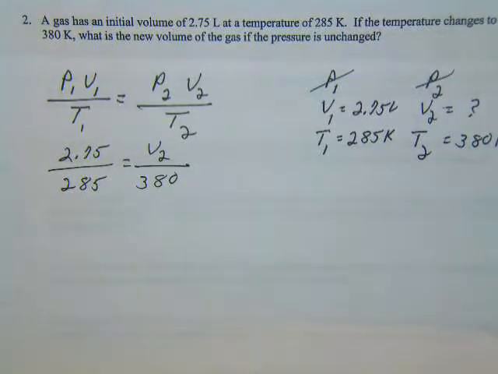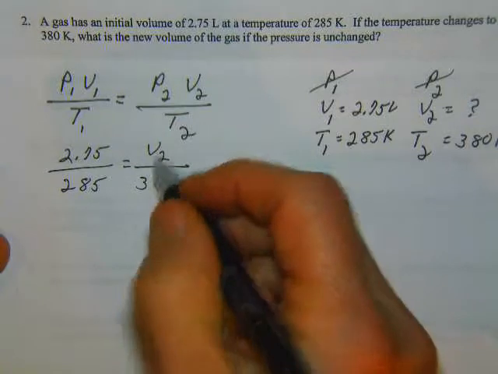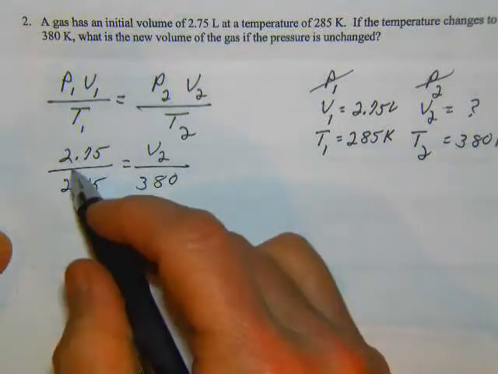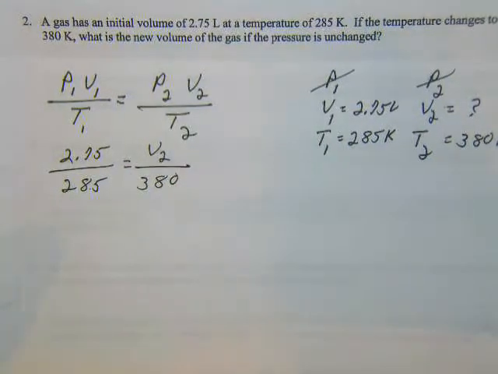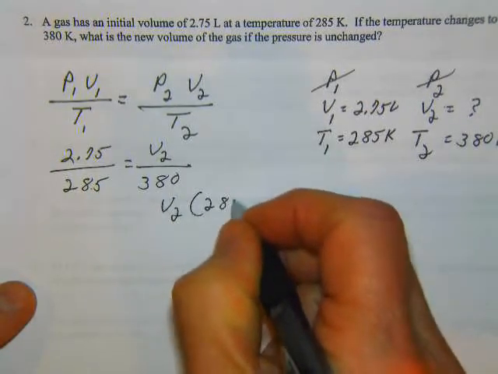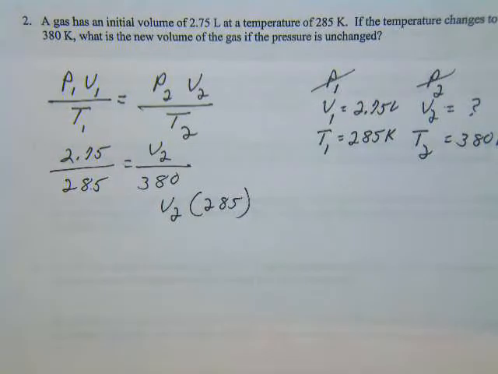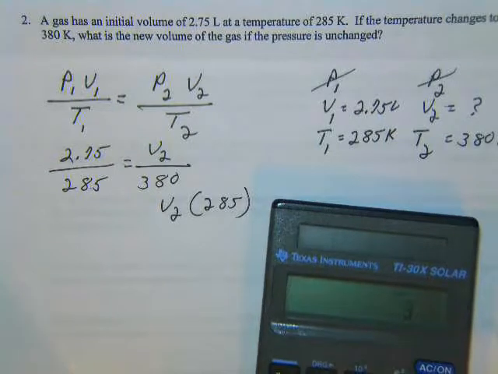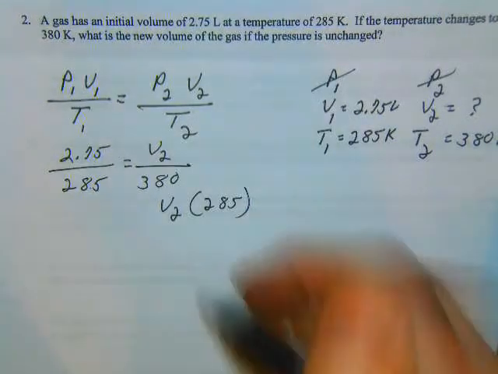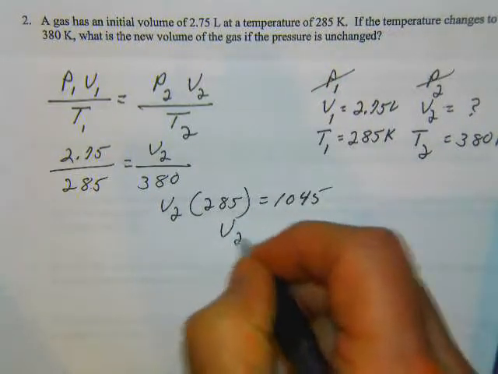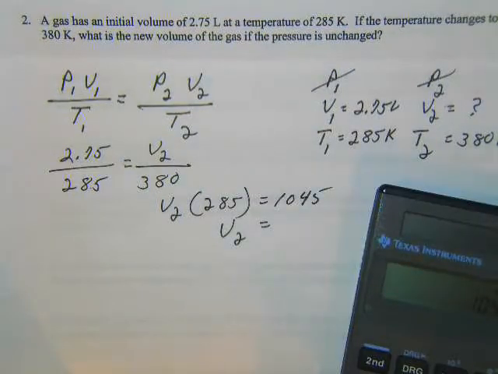If we do the math, let's cross multiply and divide. V2 times 285 equals 2.75 times 380. 2.75 times 380 equals 1045, so V2 equals 1045 divided by 285.